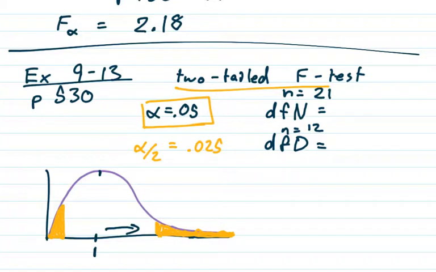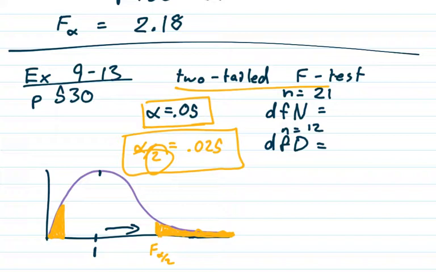So we're going to just be looking at this critical F value. And this, since it is a two-tailed test, is F subscript alpha over 2. So that's why we have to use this particular alpha, or this significance level for this F test. When it's a two-tailed test, you take the alpha and cut it in half. That's the moral of that story.